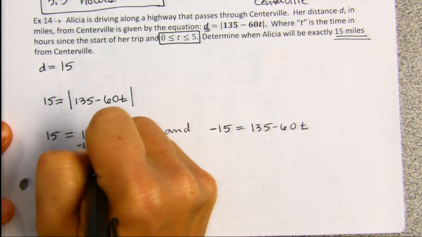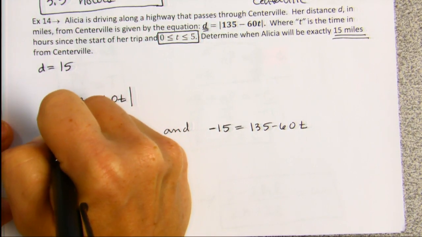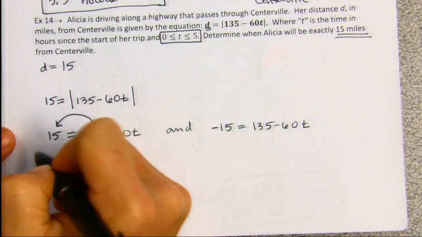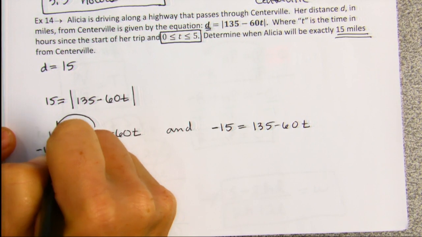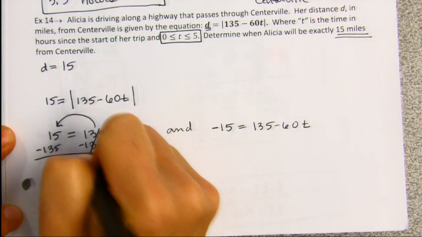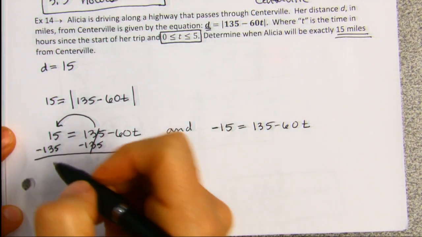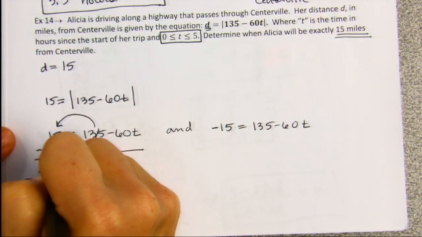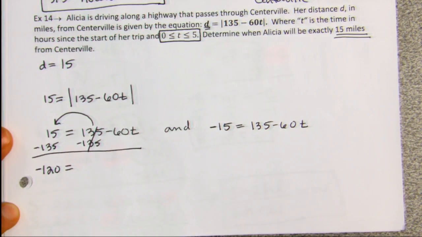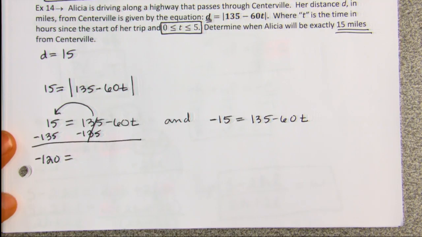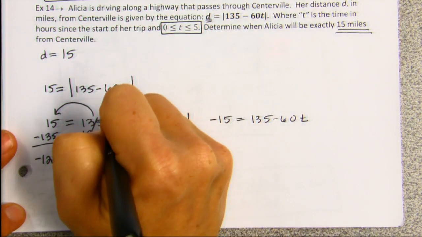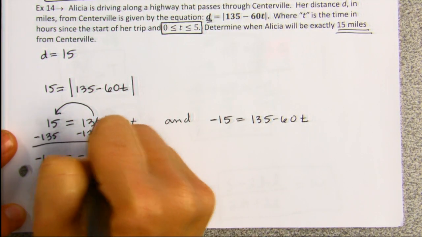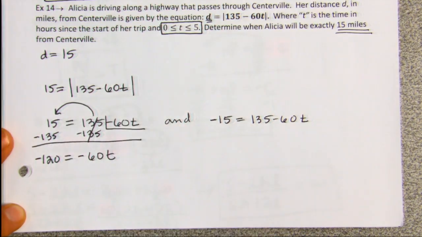So we would subtract 135, since t's on the right, I want to leave it over there. So subtract 135 from both sides. So 15 minus 135 is a negative 120, equals, again, remember we got that negative in front of the 60, so negative 60t.